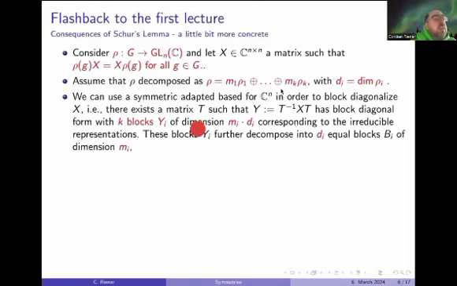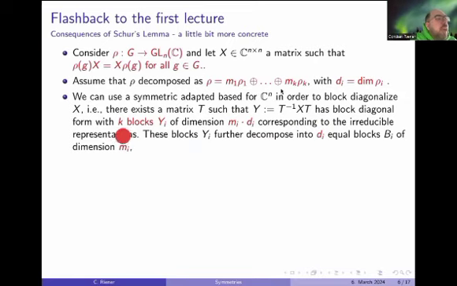This just means there exists a matrix T, which is the base change matrix, such that I can define a new matrix Y, which is T inverse X T. So this is just the base change that we do that has a block diagonal structure.